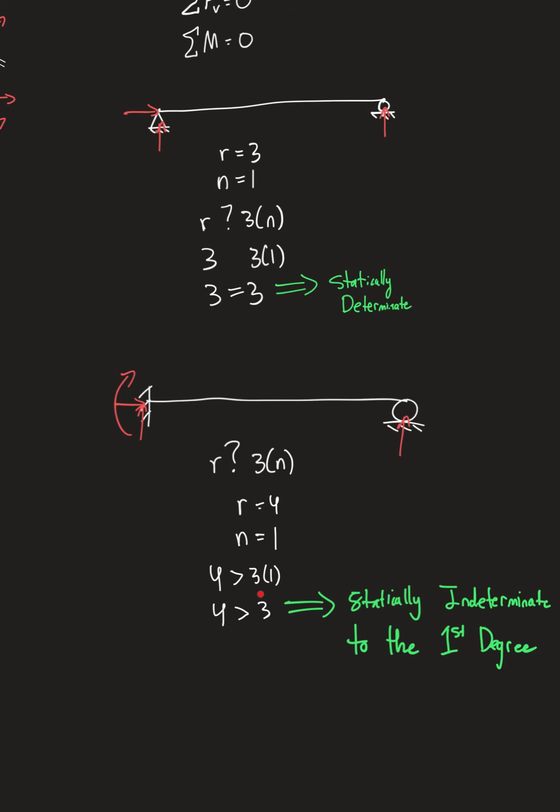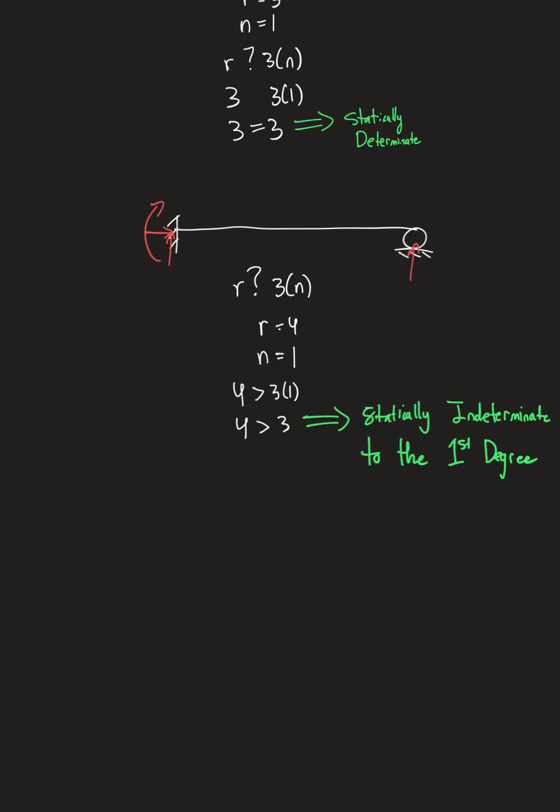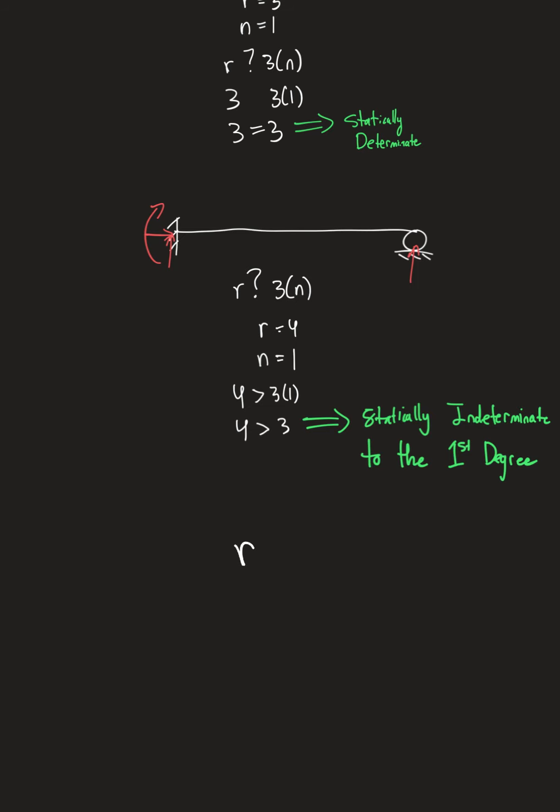So we have 3 equations of statics, but we have 4 reactions. If we had 4 equations, then we would be able to solve this problem fully. So if instead you had a problem where R and 3N turned out to be, let's say, 5 and 3, then this would be statically indeterminate to the second degree.